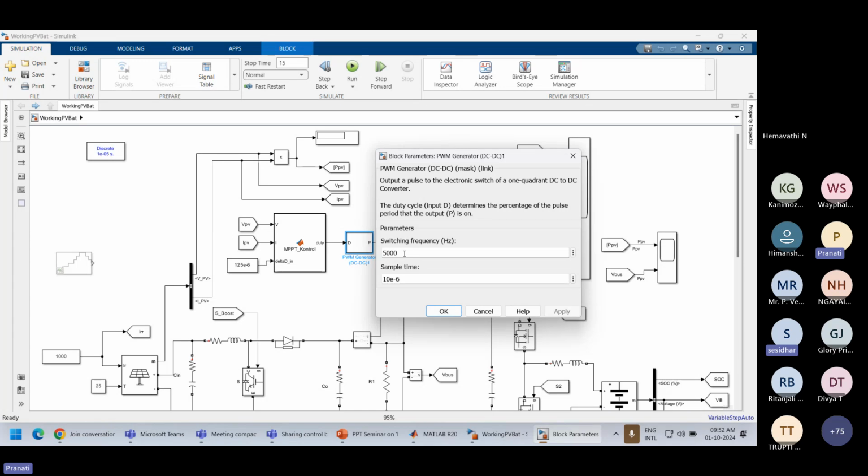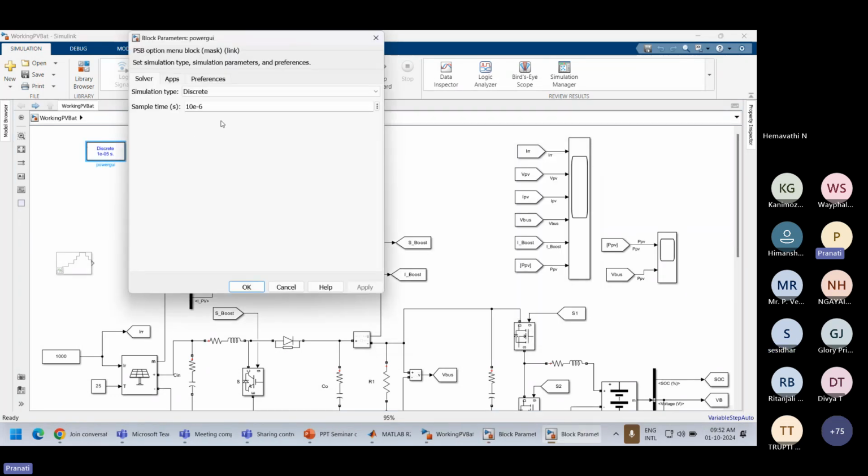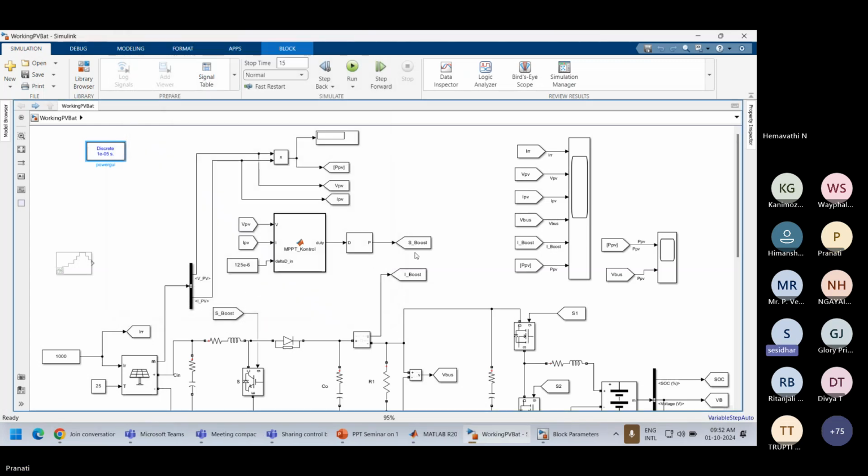We have taken 5000 hertz or 5 kilohertz as the switching frequency, and the sample time is 10 to the power minus 6, which provides the pulses to the boost converter.